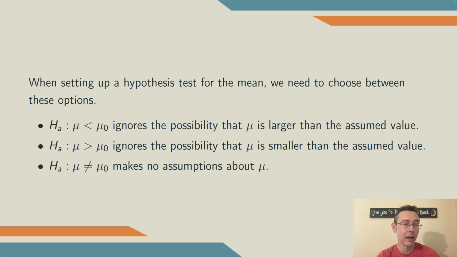You should keep in mind that when you pick a one-sided alternative, you're ignoring the possibility that the true parameter is on the other side of the null hypothesis value. For instance, if you use the one-sided alternative that the true population mean is less than the specified value, you're ignoring the possibility that that true parameter is actually larger than the assumed value.